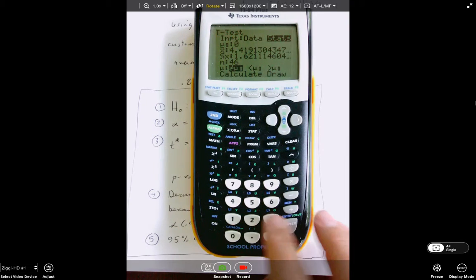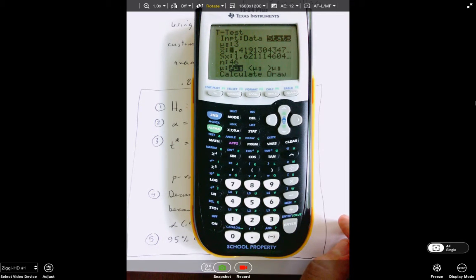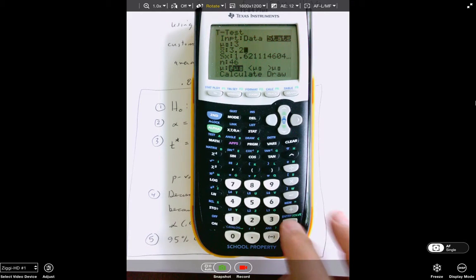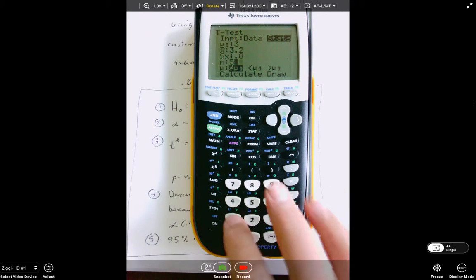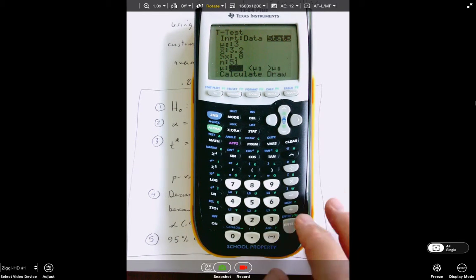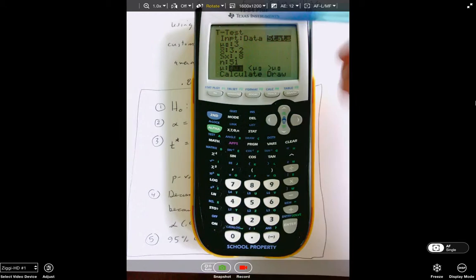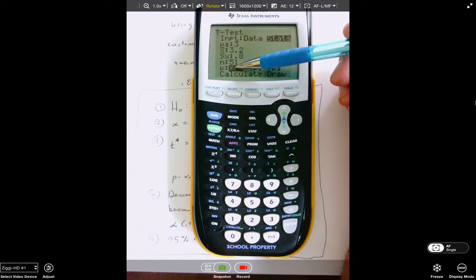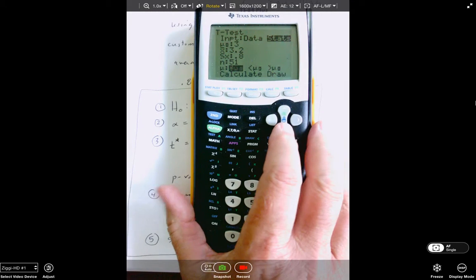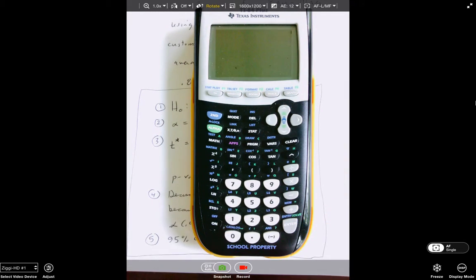That's going to be a 3. Our sample mean was a 3.2. Our sample standard deviation was a 0.8. And our sample size was a 51. The inequality that we used was the not equal to. I told you earlier there's only 3 choices: not equal to, less than, greater than. Choose the one that corresponds to what you're testing. Come down and hit calculate.